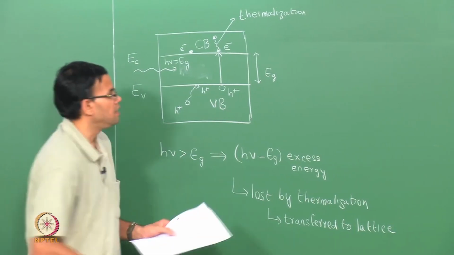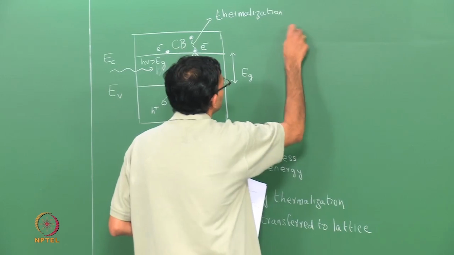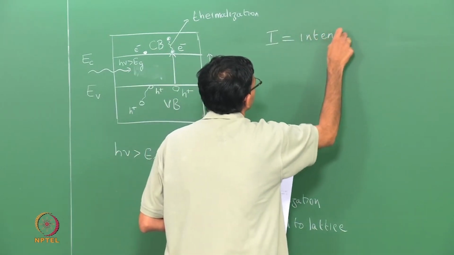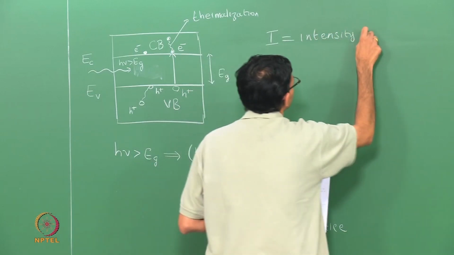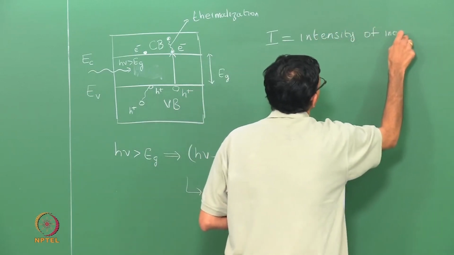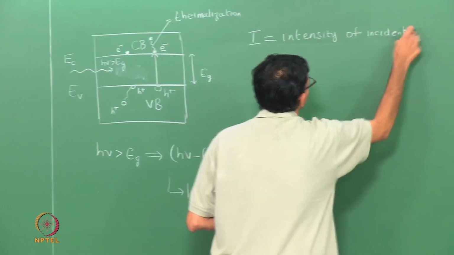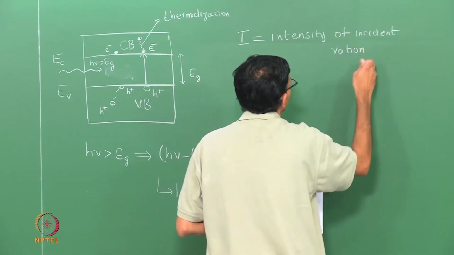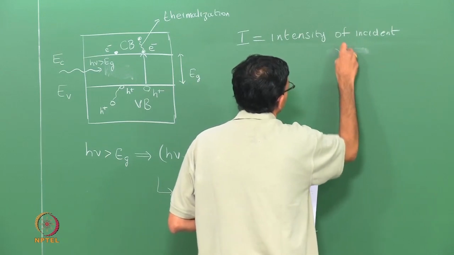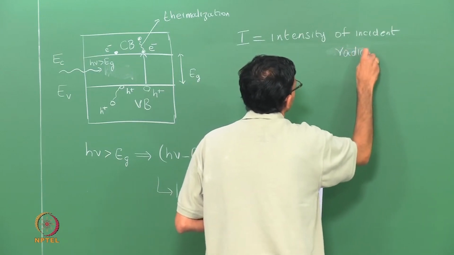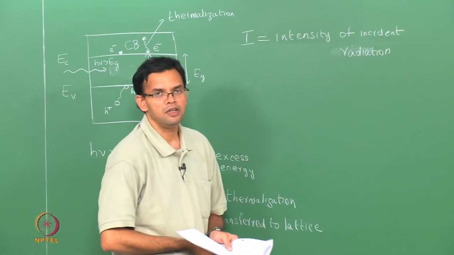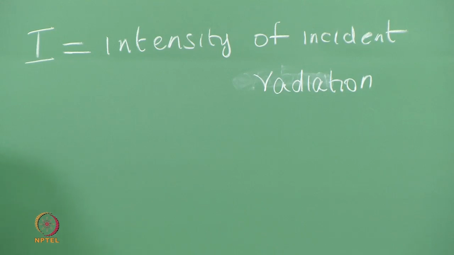If I is the intensity of the incident radiation, I can be given in units of watts per unit area or watts per unit volume.